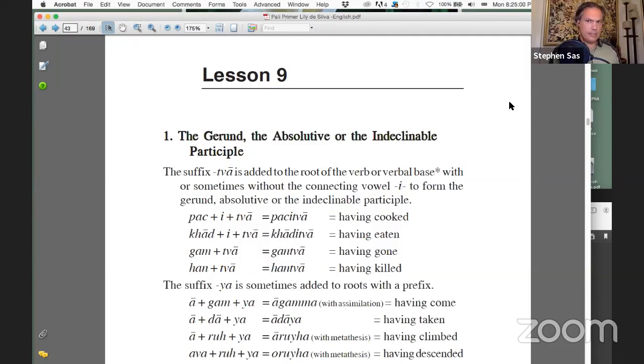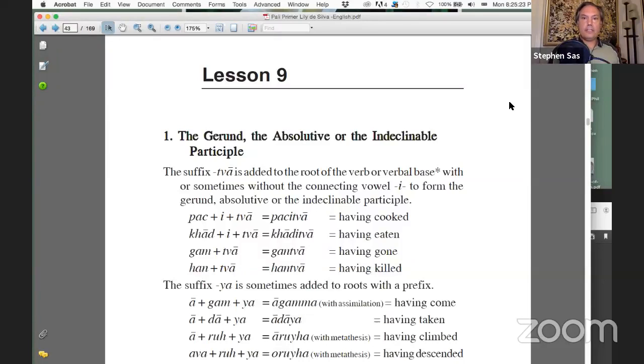So what's a participle? A participle is when a verb becomes typically an adjective. In other words, it no longer functions as a verb, it functions as an adjective or sometimes a noun, and therefore it is usually declined. It is not conjugated like a verb, but it is declined.